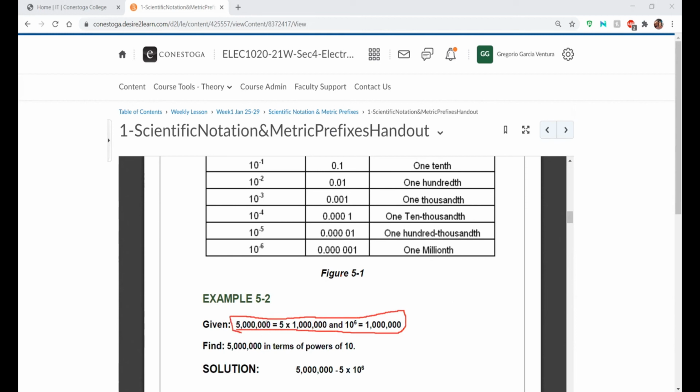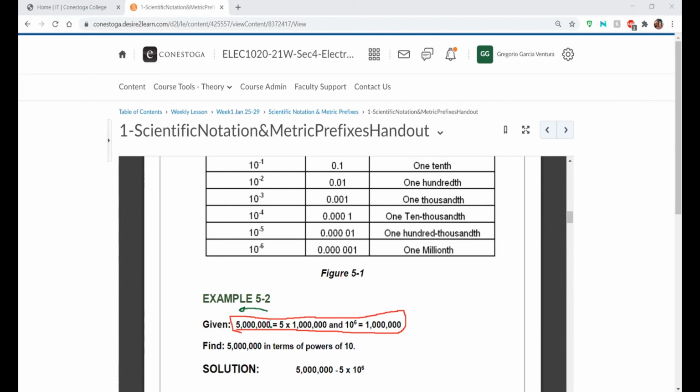So you take the 5 million and you take the decimal point for the 5 million, and then you skip that decimal point, which is right there, to the left in that direction until you go right in front of the first significant digit.